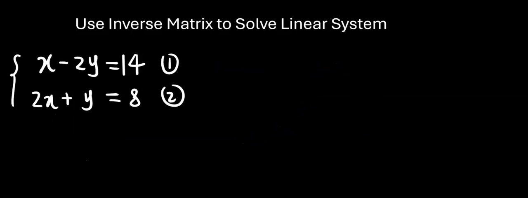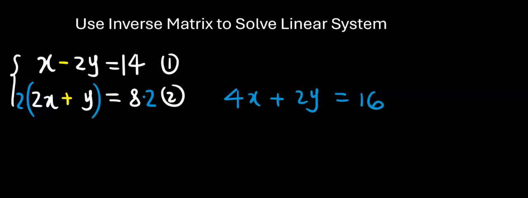Another method you learned is called elimination. As we can see, we have negative 2y and positive 1y. Therefore, we can multiply the second equation, 2, to each side. We have a new one, 4x, 2y, and 16.